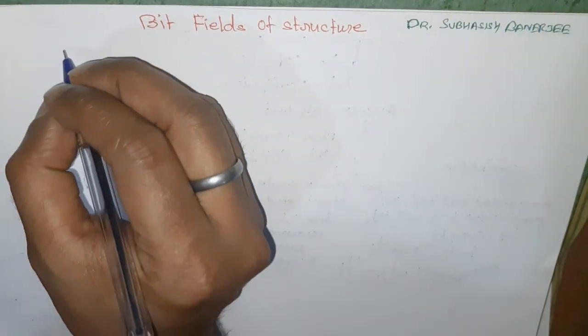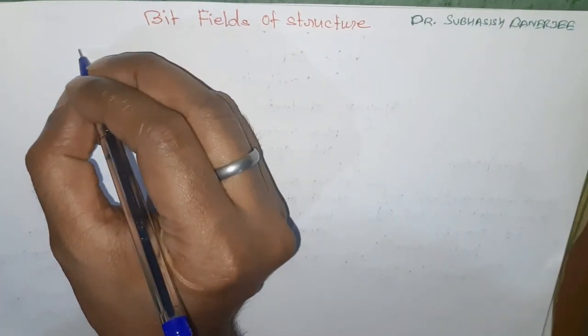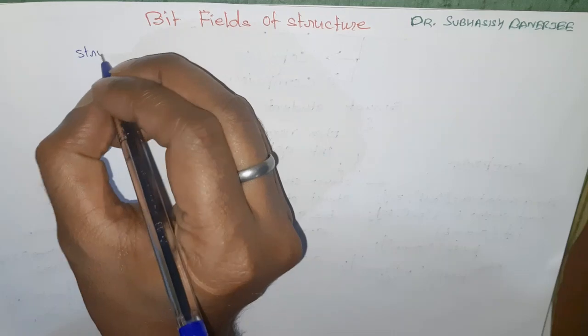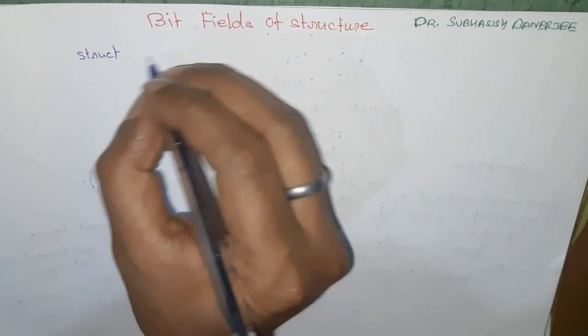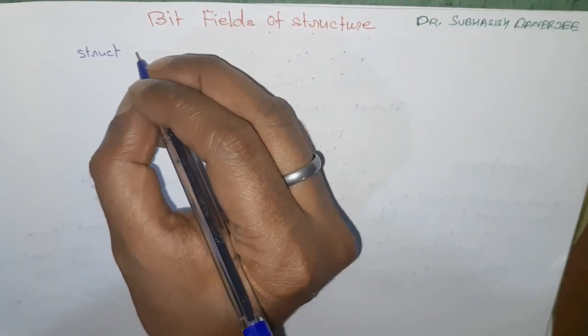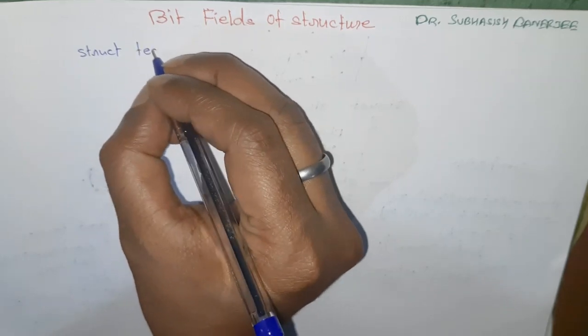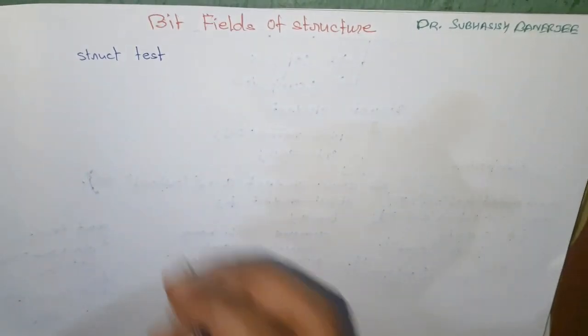As we know, whenever we need to declare a structure, it always starts with the keyword struct followed by some name. Let's have test as the name of the structure.